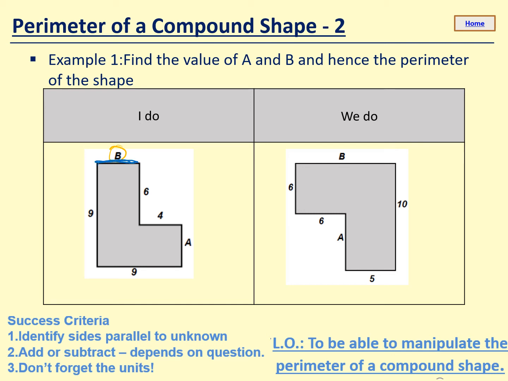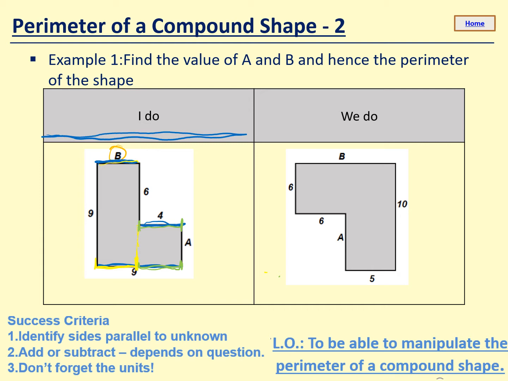So all sides parallel means all sides going like this, going across just like B. So that's 1, and I know that this is 4 centimeters, and that's the second, and that's 9 centimeters. Okay, I notice that if I draw the line in here, then this bit is the same as B, and this part is the same as 4.